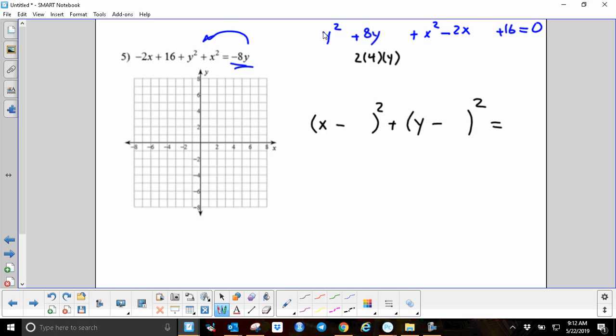So I know that here I have, oops, wait up. That's a plus 8, huh? That's a plus 8. So you create a negative, and you put negative 4.